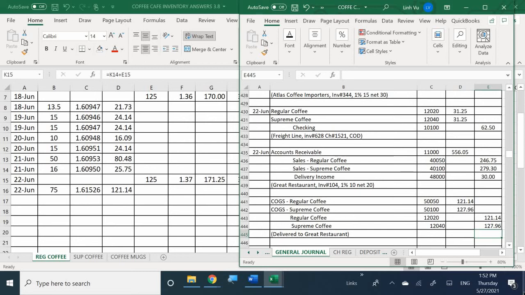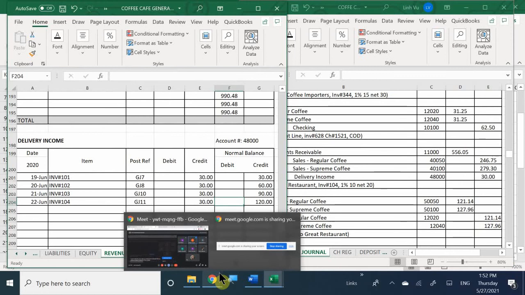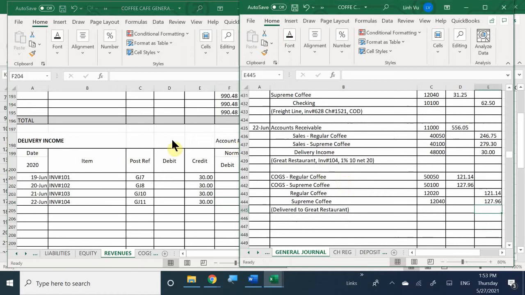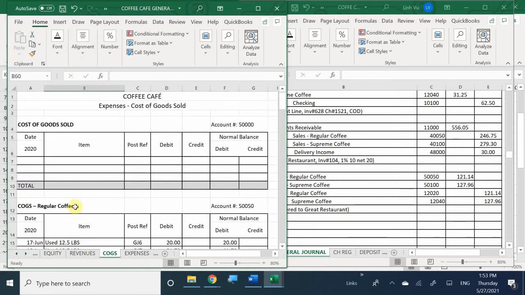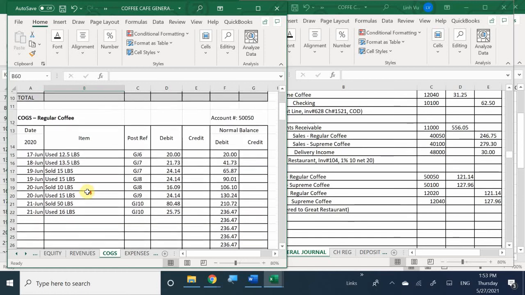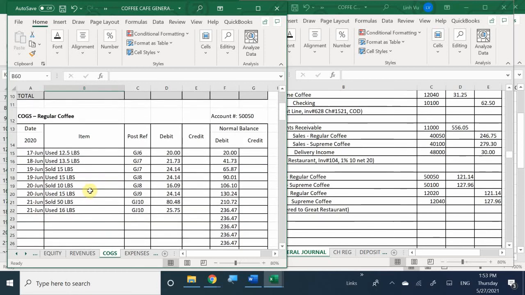Our general ledger. I cannot find my cost of goods sold for some reason.